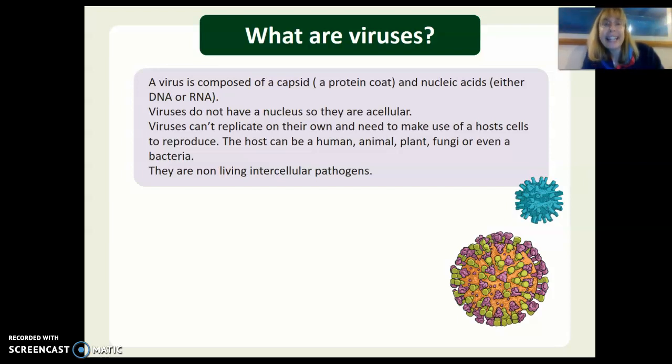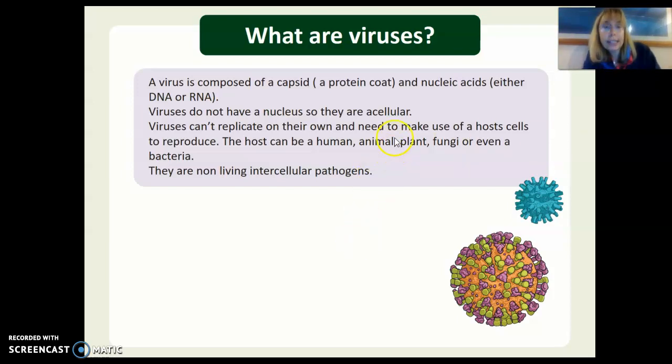The only cell-like thing it does have is nucleic acids, and nucleic acids are the things that make up DNA and RNA. So we've got this DNA inside a protein coat, and that is the virus.